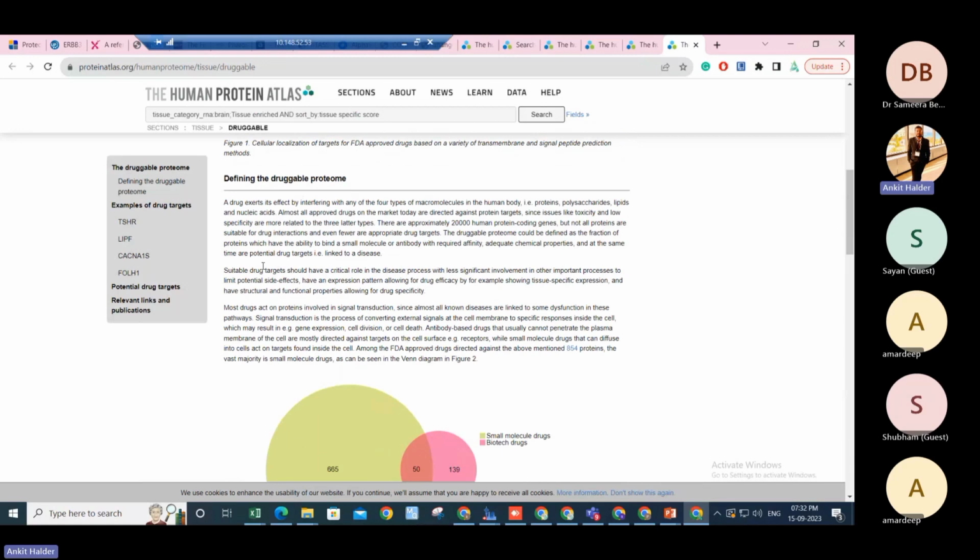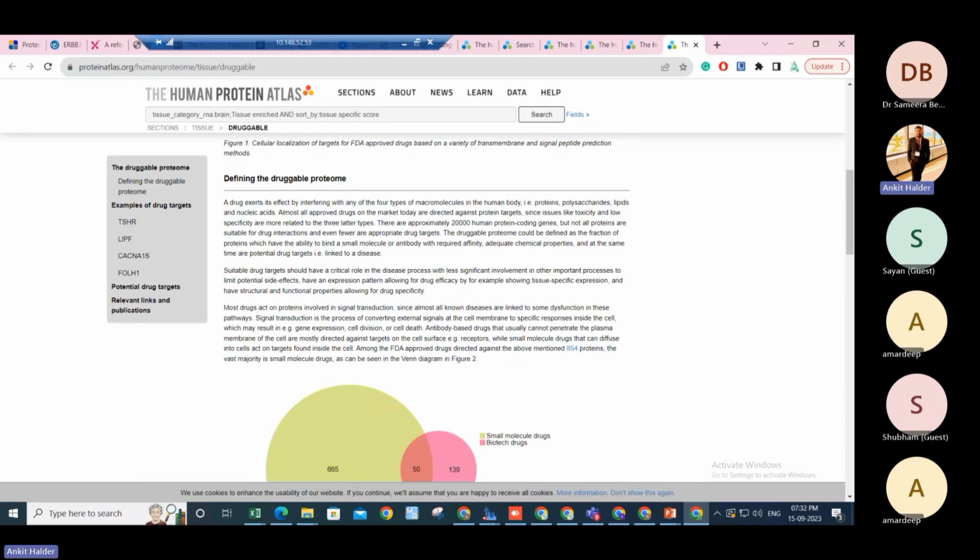If you want to define it, a drug exerts its effect by interfering with any of four types of macromolecules in the body. I know that many of you might be interested in these drugs, and it is also of much interest in general. These are proteins, polysaccharides, lipids, and nucleic acids, the only four macromolecules on which your drug will work.